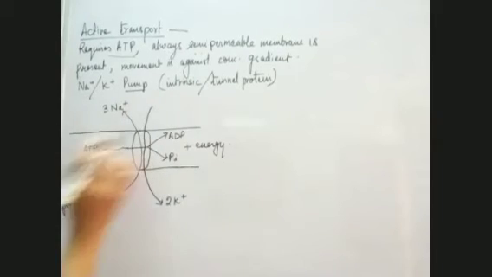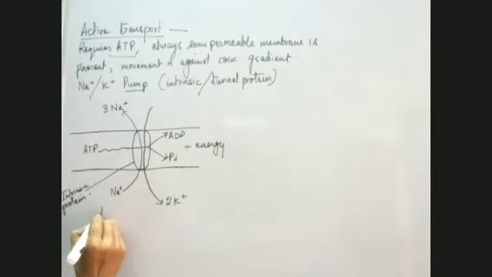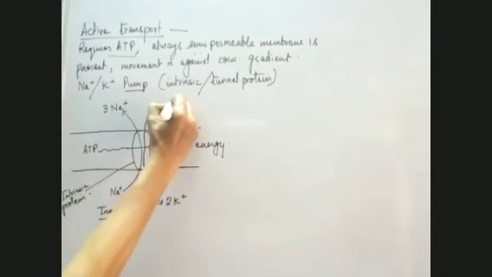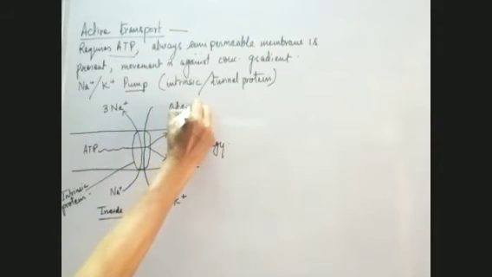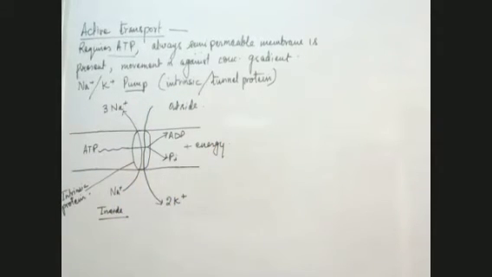So this is inside of the cell, and this is outside of the cell. At one go, when the ATP releases energy, 3 sodium are given out, and in turn 2 potassium are taken inside the cell. So this happens at the same time.